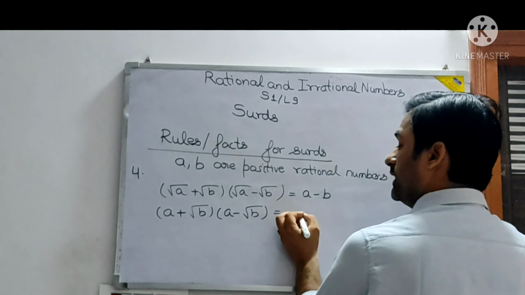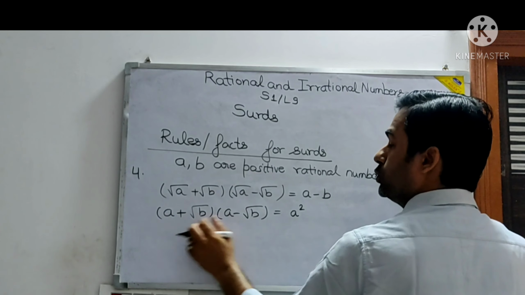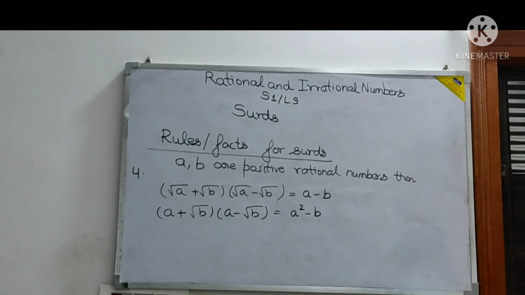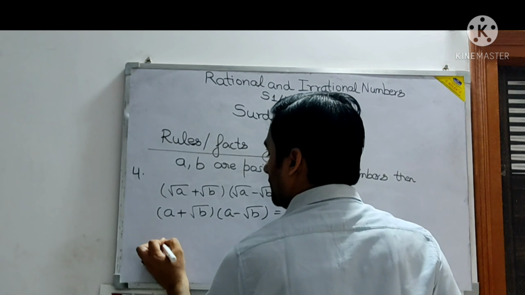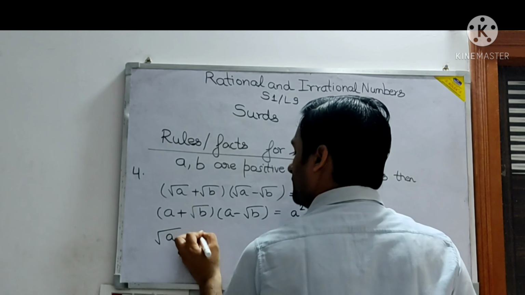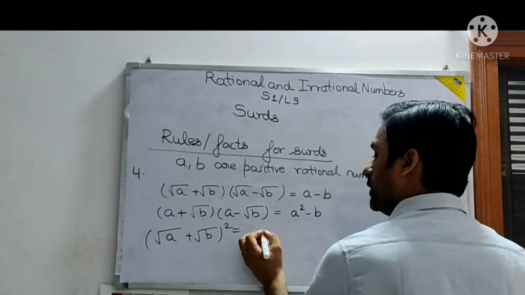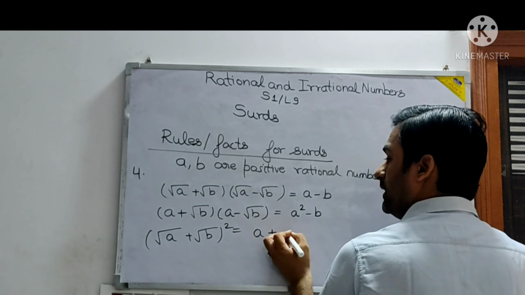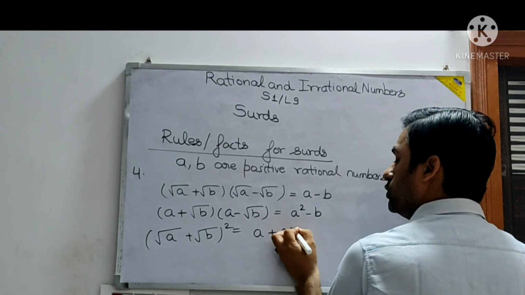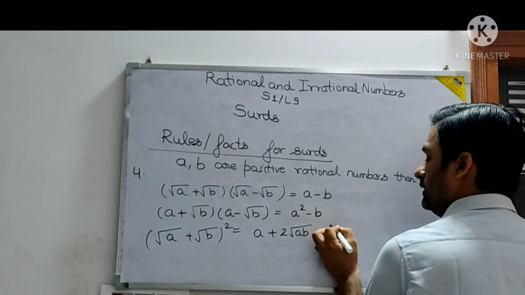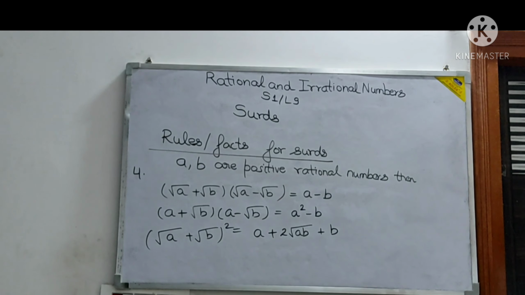But here no radical sign on a, so it will be a square minus root b square, which is b. Then third thing is root a plus root b whole square. Again a plus b whole square, so a square plus 2ab, so 2 under root ab plus b square, because root b square is b only.